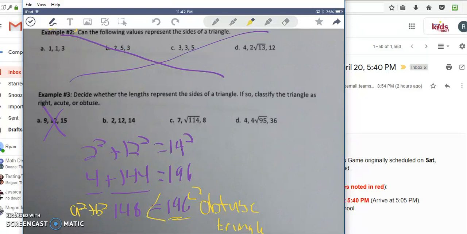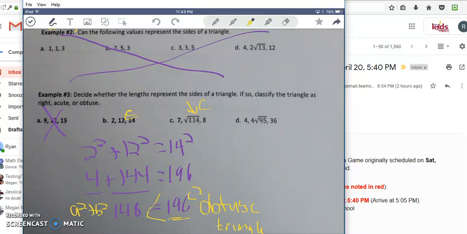Now I'm not going to go over the c or d, but I do want to let you know, when you're doing this, be sure you pick out what the c is going to be. So in the next example, technically, this square root of 114 will be the c.